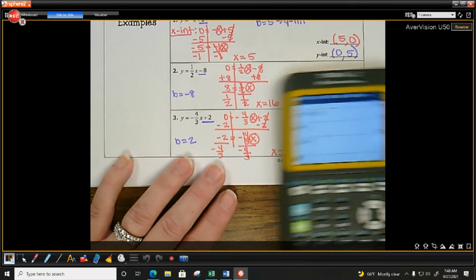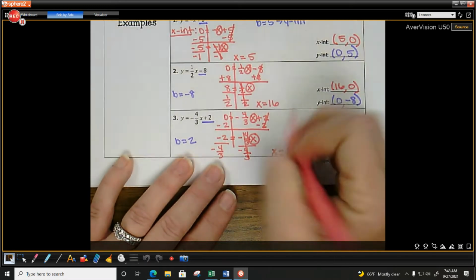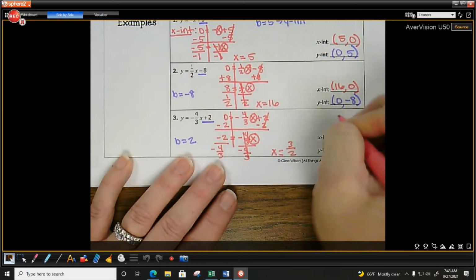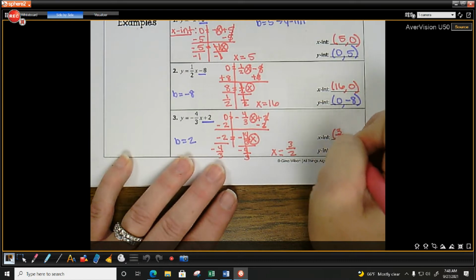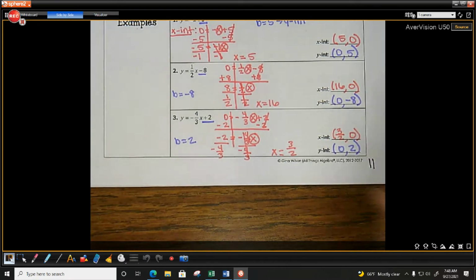And we get 3/2. Is it okay to have a decimal or a fraction of a y-intercept or an x-intercept? Yes, it's just not going to be super accurate when we graph it.